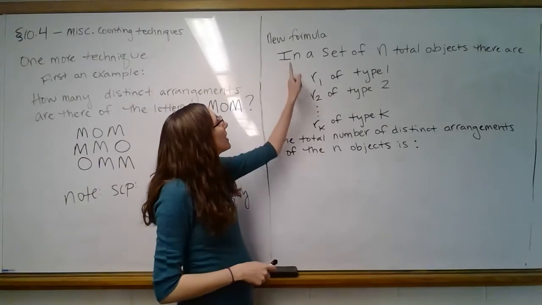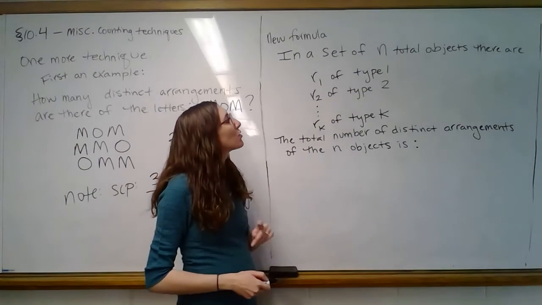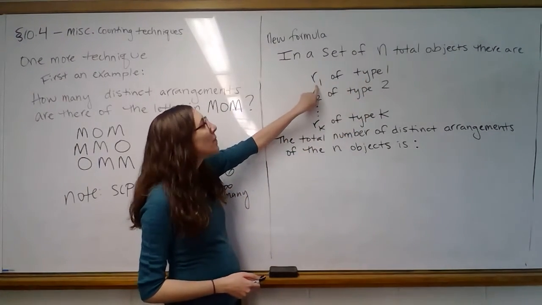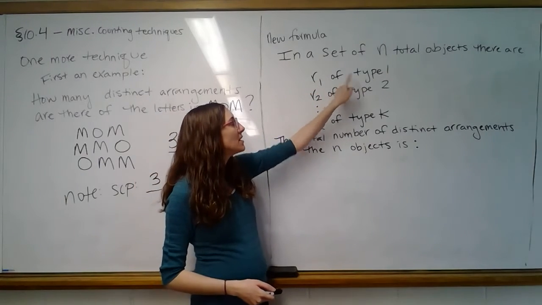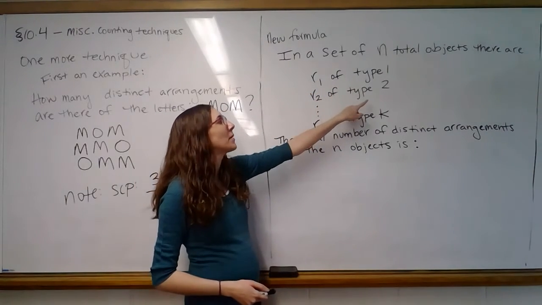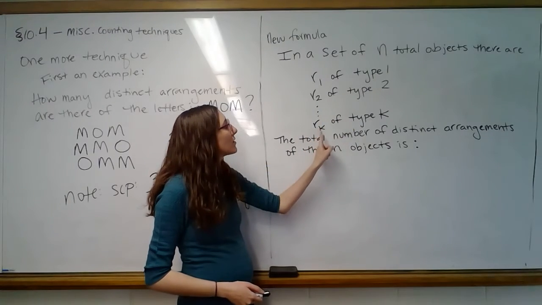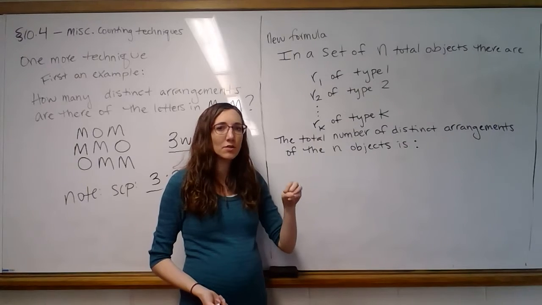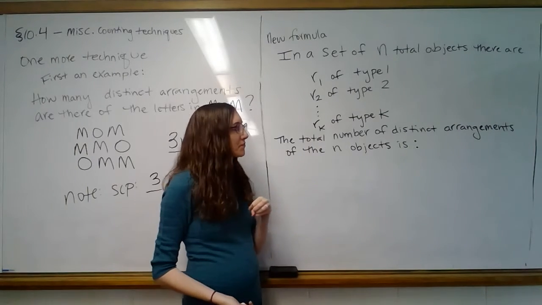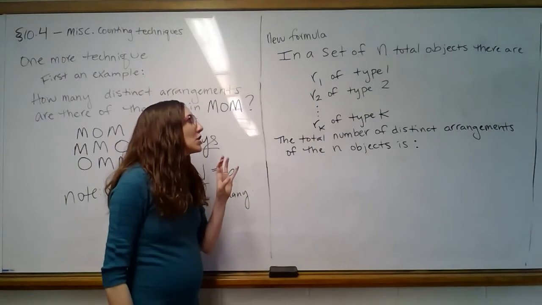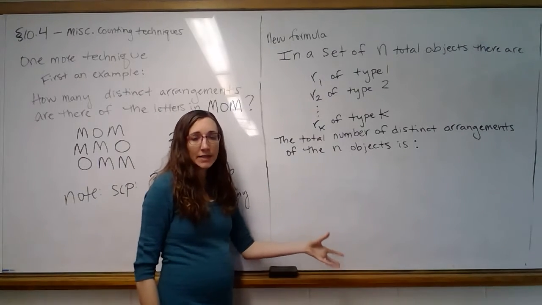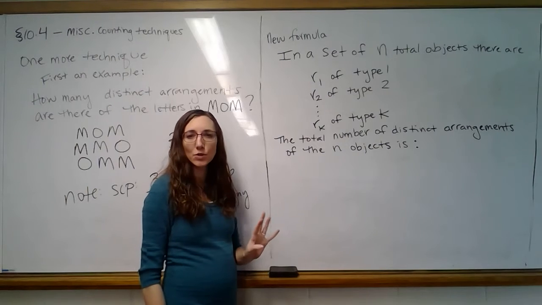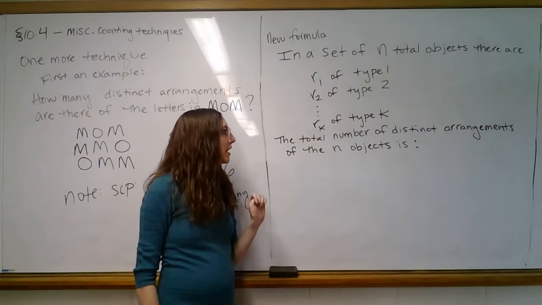So in a set of n total objects where there's different types of objects, there's some number, say R1 of type 1, there's some other number R2 of type 2, and so forth, RK of type K. So there's different types of letters or objects or things, and then there's a certain number of each of that type. And the idea is the things in these types are not distinguishable. There's no way to tell them apart from one another.